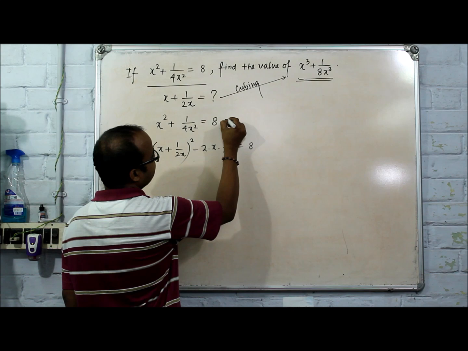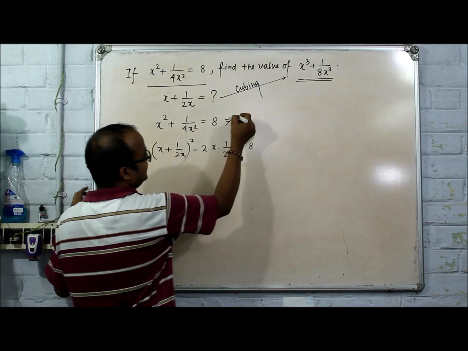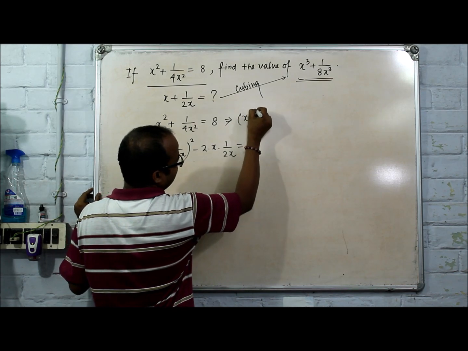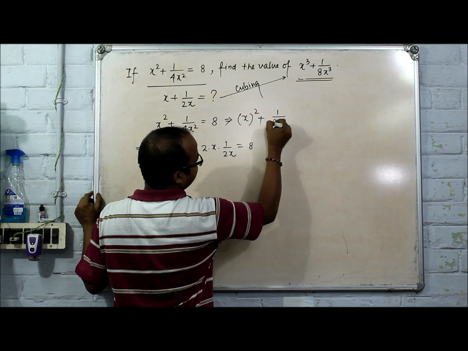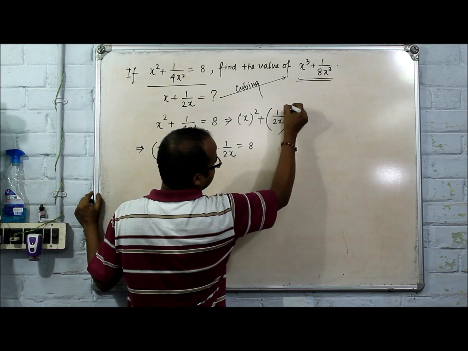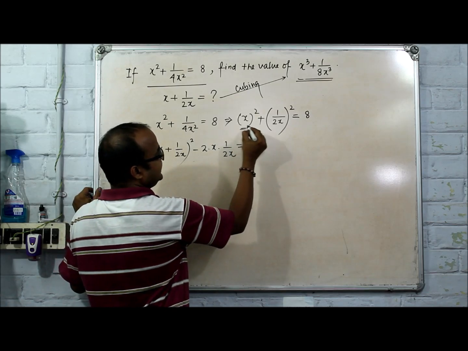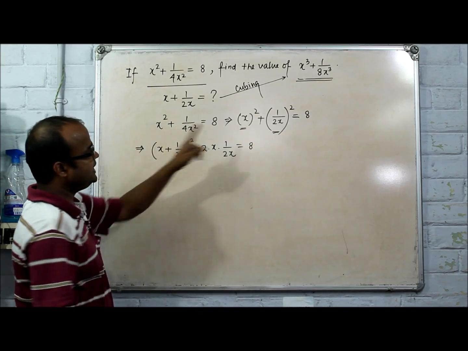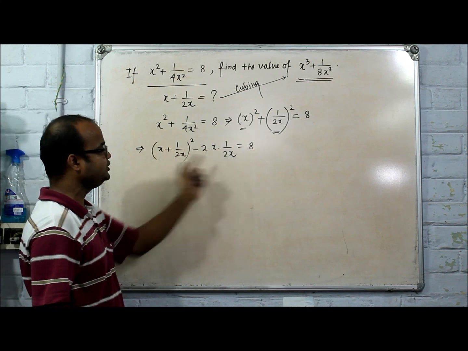If you have confusion, I am showing you one more step. Write this x square as square of x and this term as square of 1 by 2x. So this will be a and this will be b. So a square plus b square means (a plus b) whole square minus 2 into a into b.